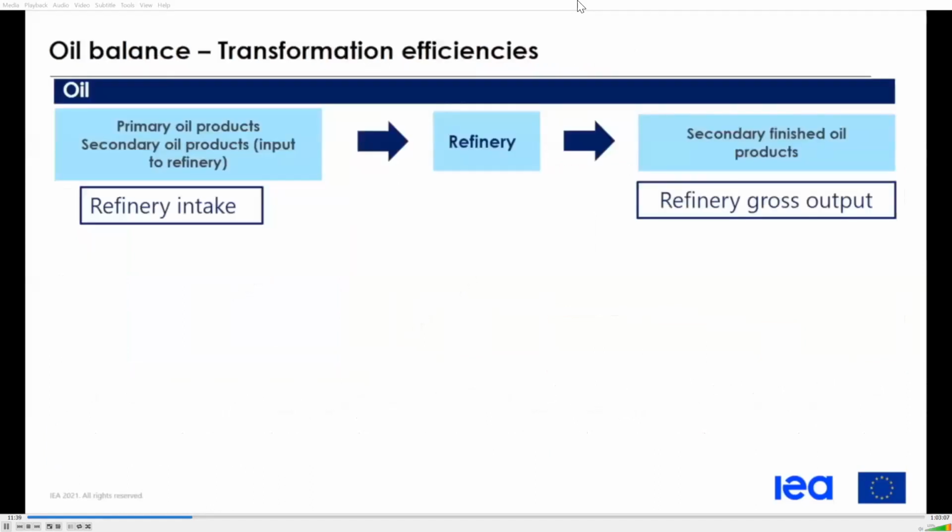So, if we have a look at how we can try to check our data and make sure our data makes sense, one of the main things that we are paying attention to is the transformation efficiencies. When you take any transformation, here we'll be focusing on refinery, we check the outputs and the intakes of the refinery.